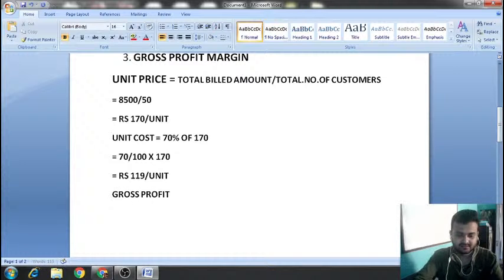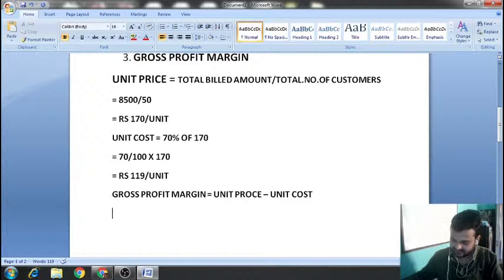And your gross profit margin will be unit price minus unit cost. Clear? That is 170 minus 119, that is coming to rupees 51 per unit.